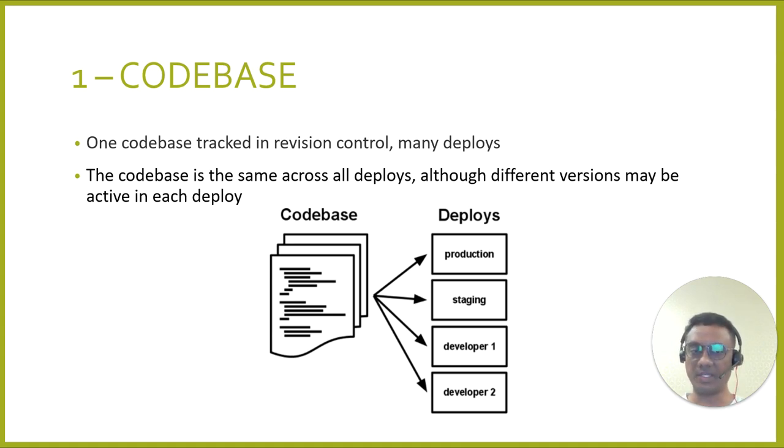As we can see in this representation, there is one code base, and the deployment could happen in production, staging, dev, integration environments, or a pre-prod environment. There will be one code base, and multiple versions of the code are deployed across each deployment environment. That covers the first 12-factor, which is the code base.